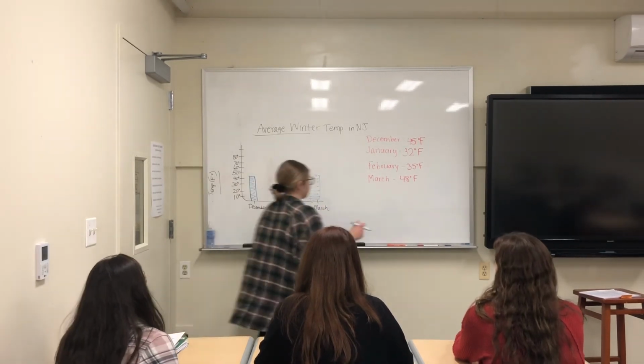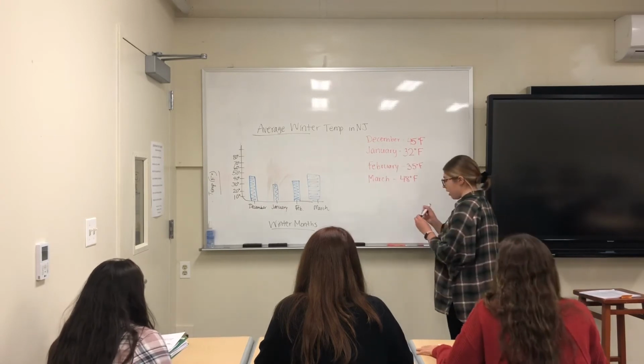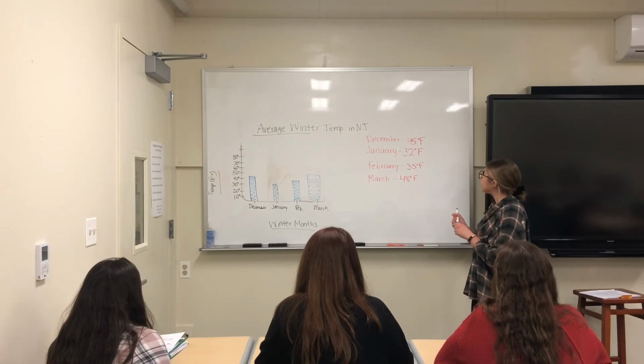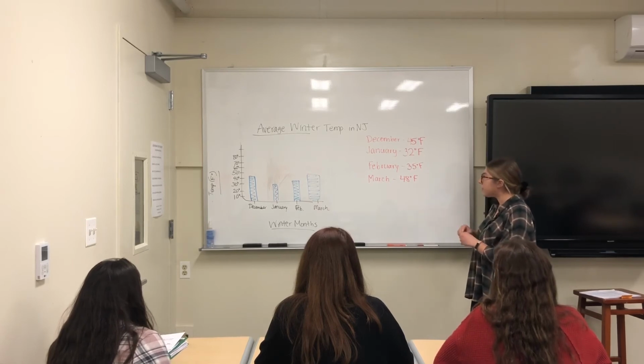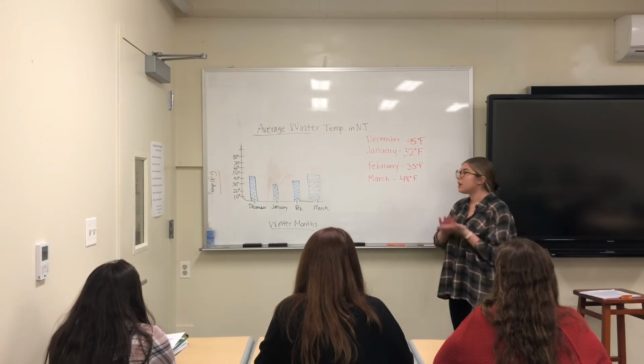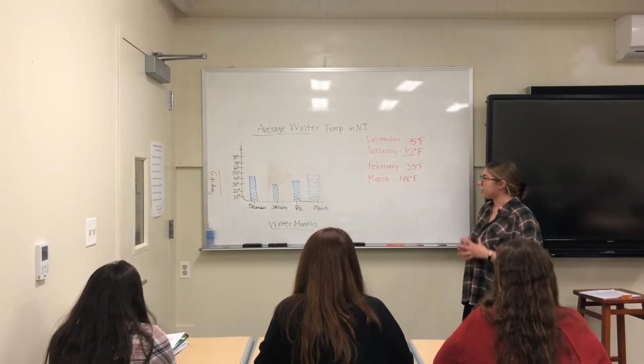So using this bar graph helps us to see our weather data in a way that's a little bit clearer than just looking at some numbers. It really shows us the difference in temperature between the months, and it shows us which one has the higher temperature, which one has the lower. It makes it easier to see, a little bit easier to understand.